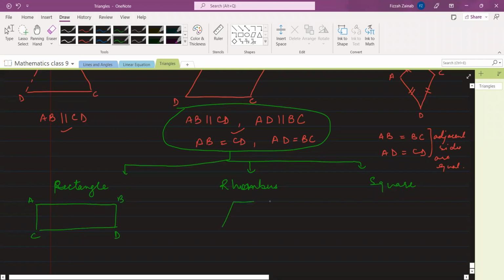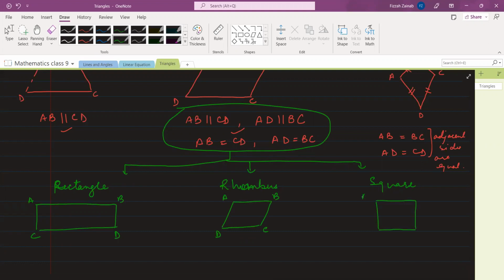Then a rhombus looks like this: A, B, C, D, and then a square is this: A, B, C, D. Okay, I'm just naming it the same way to avoid confusion. So A, B, C, D in all of them.